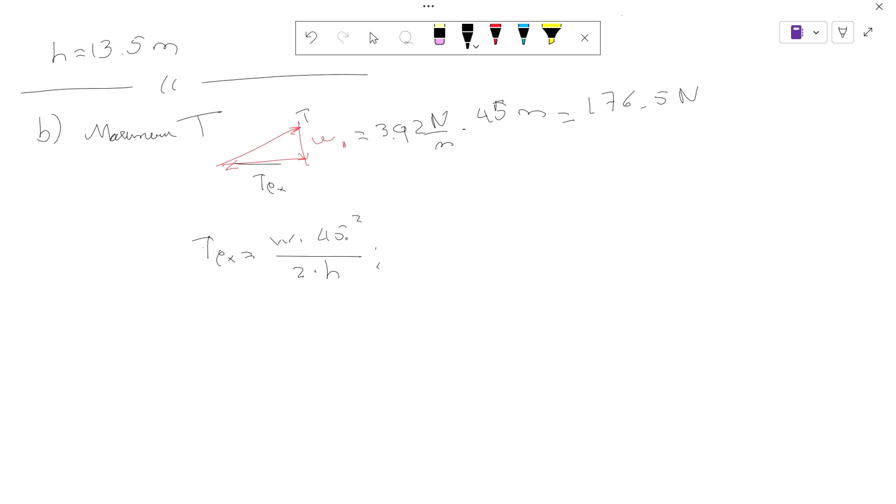So this is in meters, and this is in meters. So this part right here is in Newton meter. So it's 3.92 Newton per meter times 45 squared over 2 times 13.5 meters.